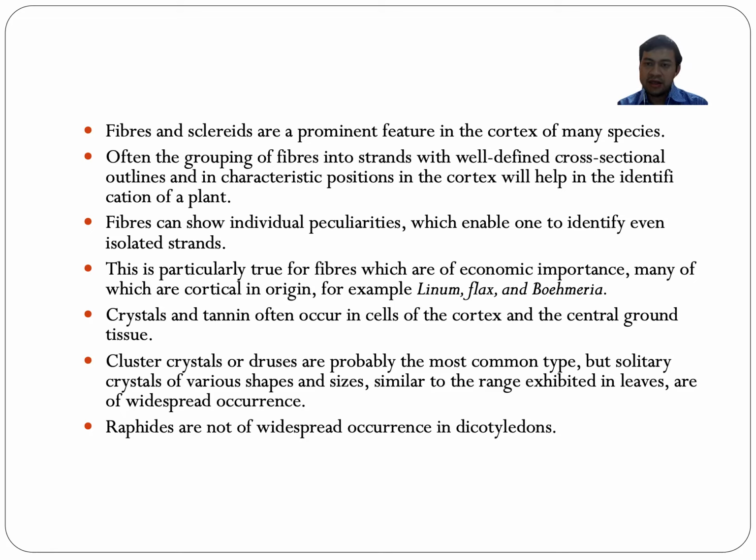For example, the genus Linum, flax, and also Boehmeria. Crystals and tannin often occur in cells of the cortex and the central ground tissue. The appearance of the crystals can also be used for identification.